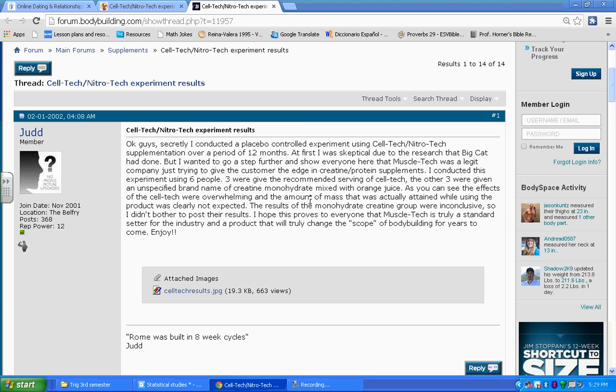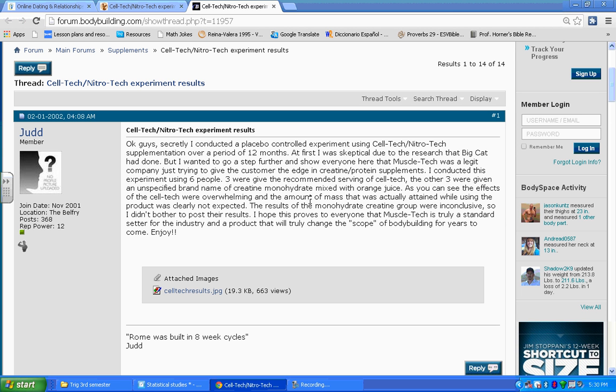So here's a person that is curious about whether or not Celtec works. What this person did was find 6 people, and give 3 people Celtec, and give the other 3 people a placebo. A placebo is basically a fake.